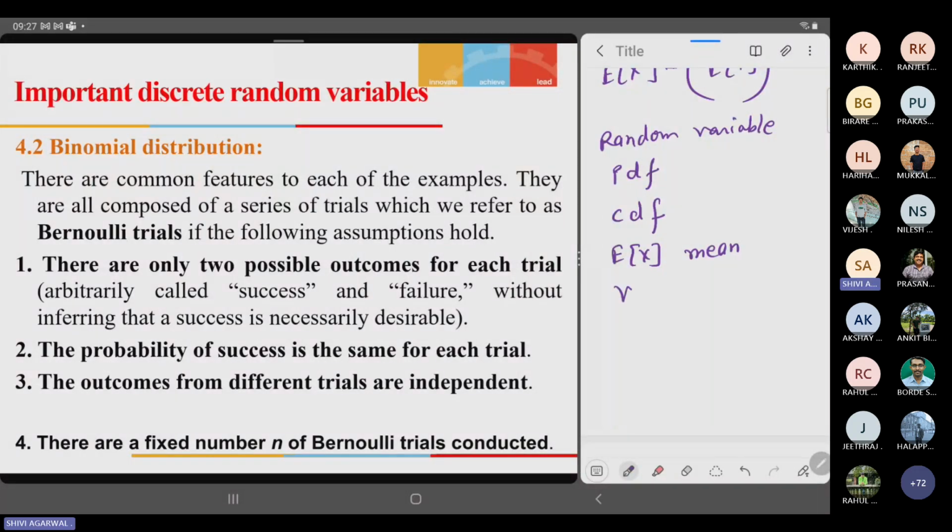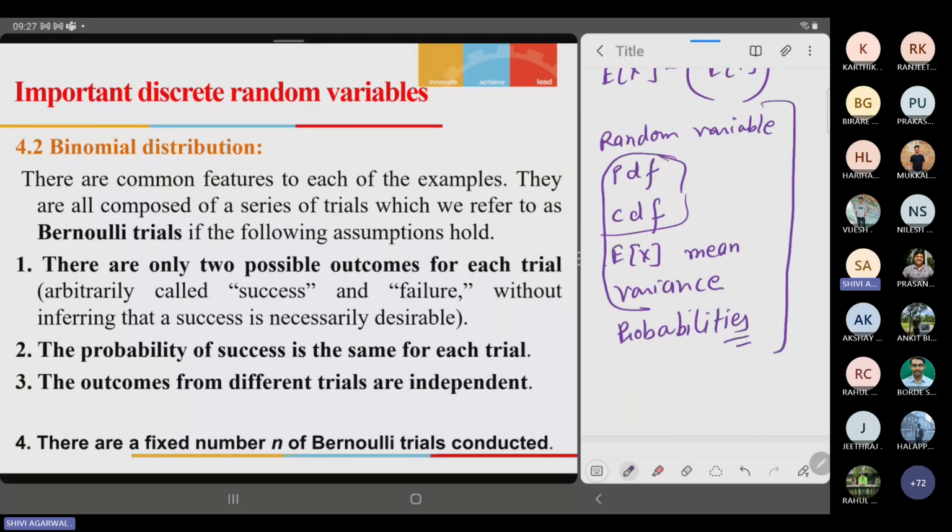We have done the variance and the different types of probabilities by using the PDF and CDF. That we have done till now for this chapter. For any distribution, it means X having any probability density function.